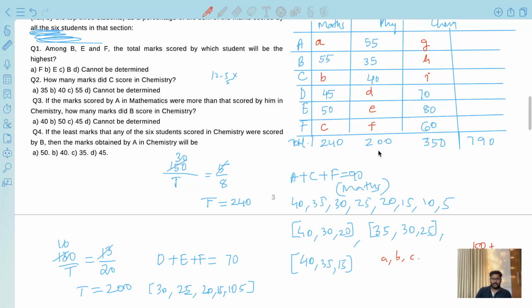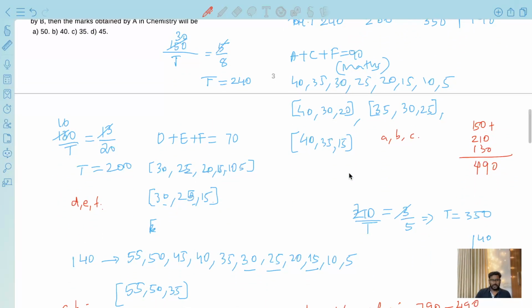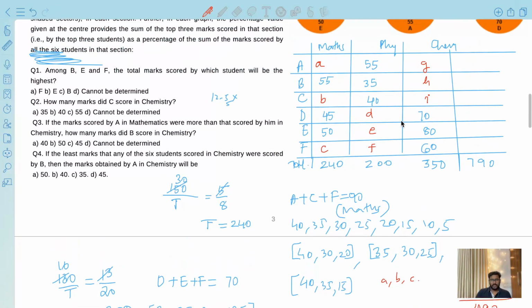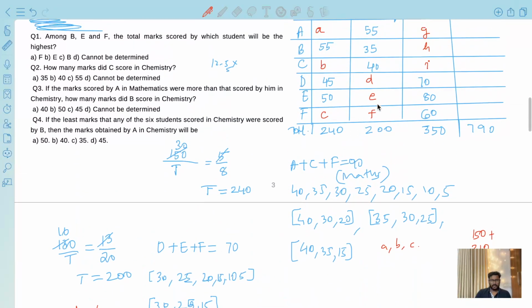Yeah, now G has 55, 50, and 35. Yes, two options are there, right? 55, 50, and 35.